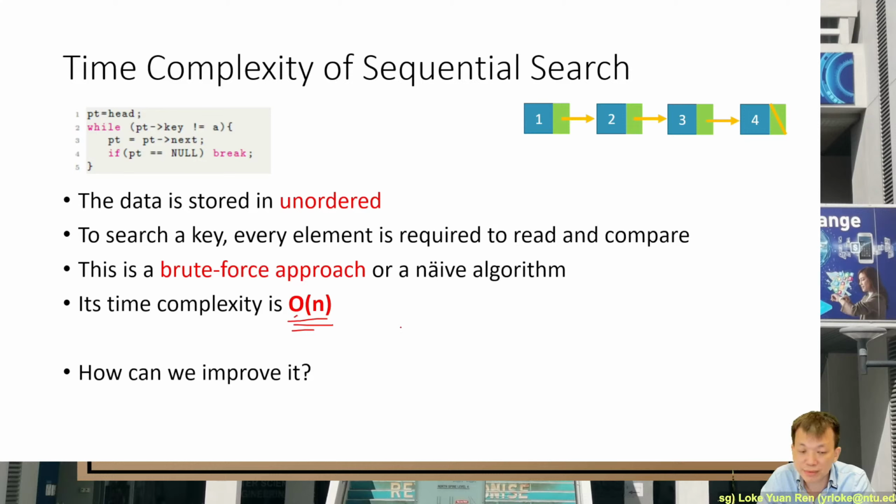Just now someone mentioned binary search. Later we will talk more about it, and you will find how to improve. In the second half, we will cover the hash table and show you how to further improve it. Sometimes if you have a better algorithm, you can improve the time complexity a lot, from linear to logarithmic.